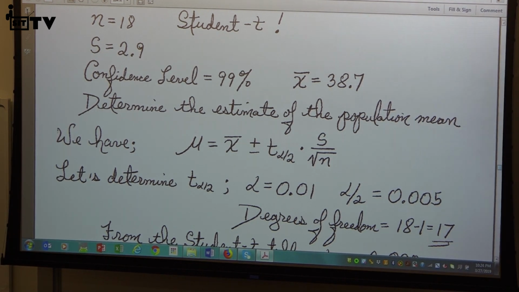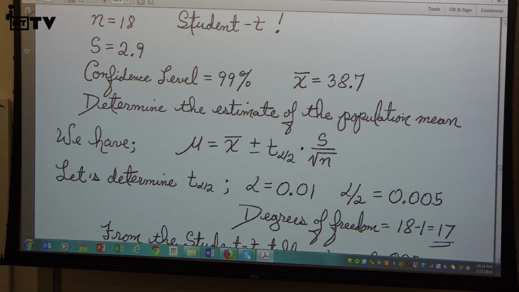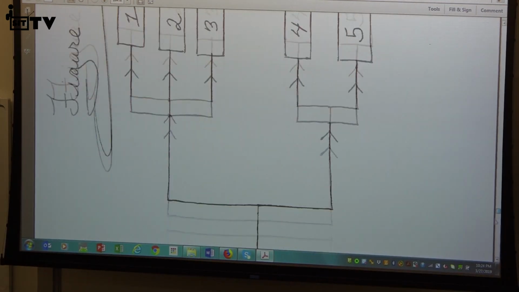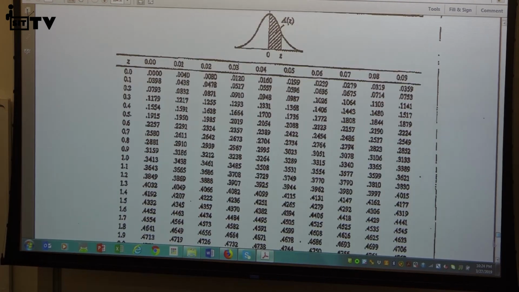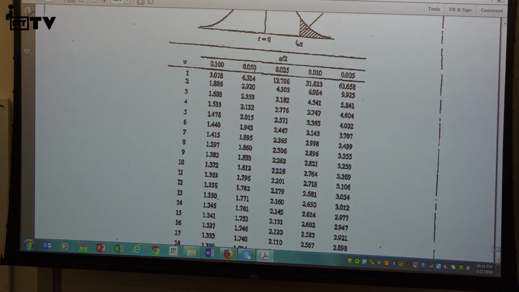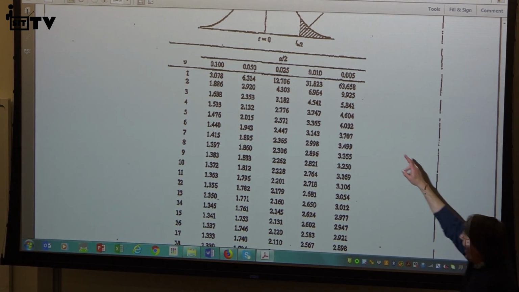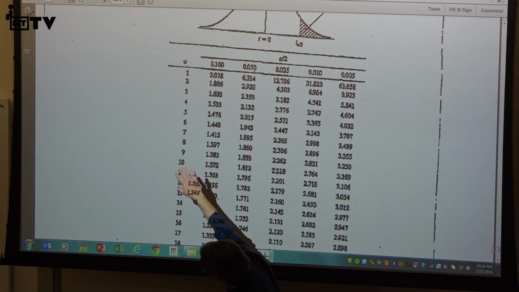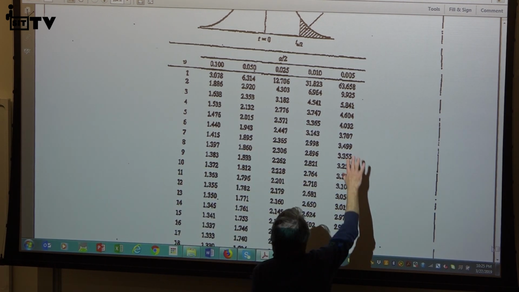So now I go to the student t table. Okay? Now, what I do, the alpha is on the top. Now, what was my alpha? 0.005. That's here.